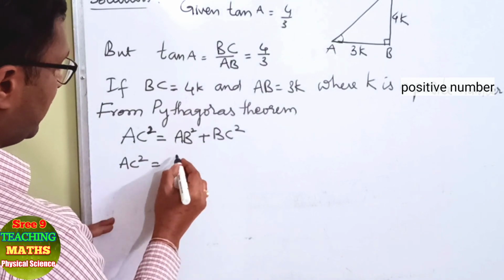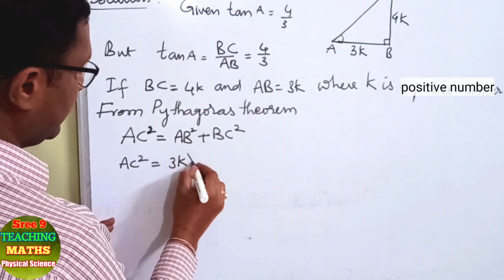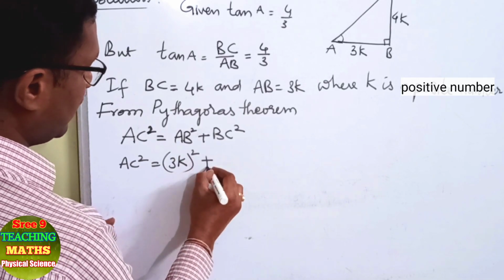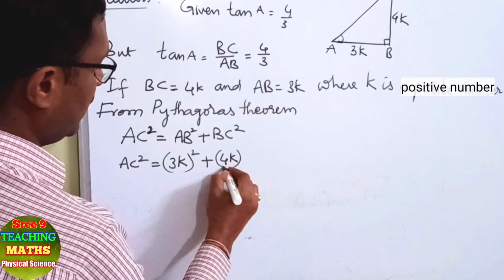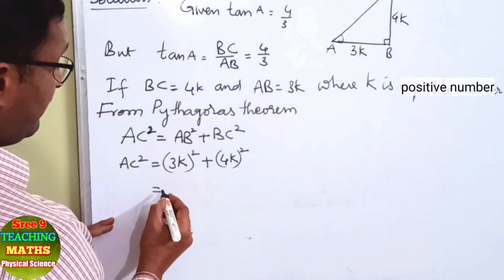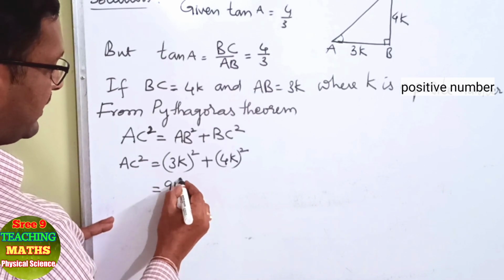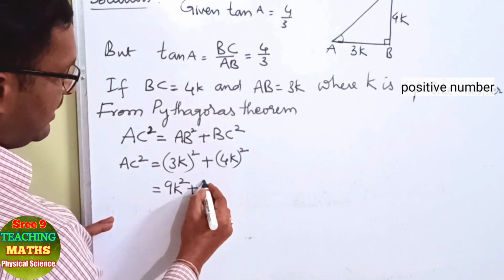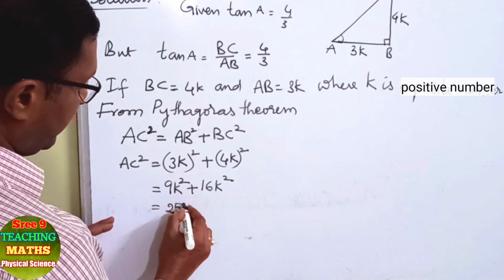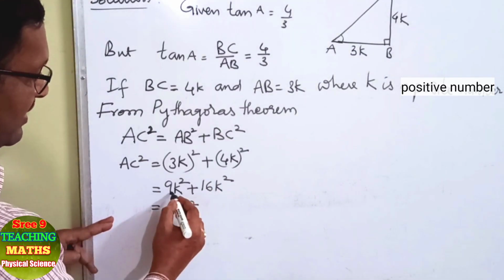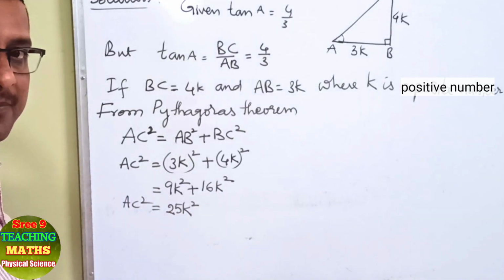AC square is equal to AB is 3K, hence 3K whole square, plus BC is 4K, 4K whole square. Now let's find the values. 3K square means 9K square, plus 16K square, which is equal to 25K square. So we got AC square is equal to 25K square.